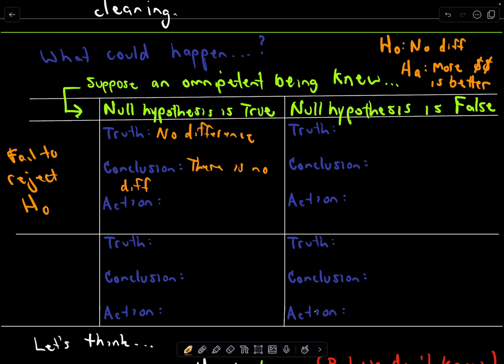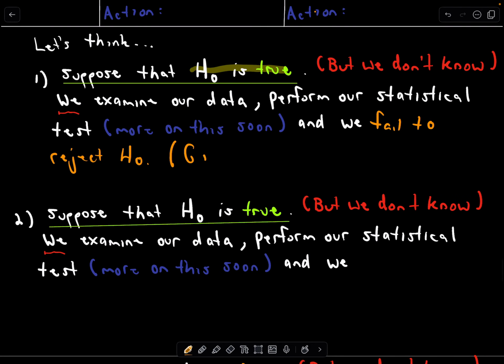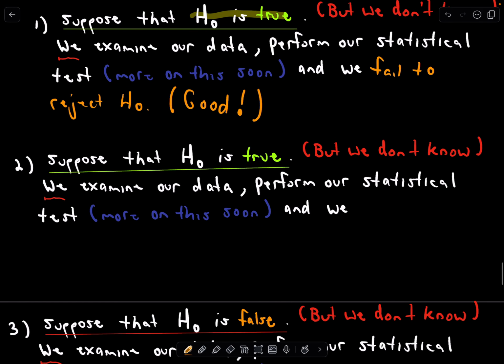The action we took is we buy the cheaper stuff and get the same results. So we've saved money and we get the same results. So if you think about this, this is kind of a good thing. The null hypothesis is true, and we held on to that belief. Now, what else can happen?